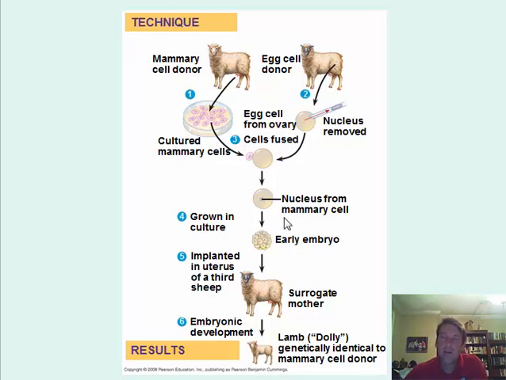It will divide into two cells, two into four, four into eight, and so forth until it develops into an early embryo. Now, at this point, it has to be injected into a surrogate mother that will go through full embryonic development, and this will produce a clone of this individual because its genetic information is in here.